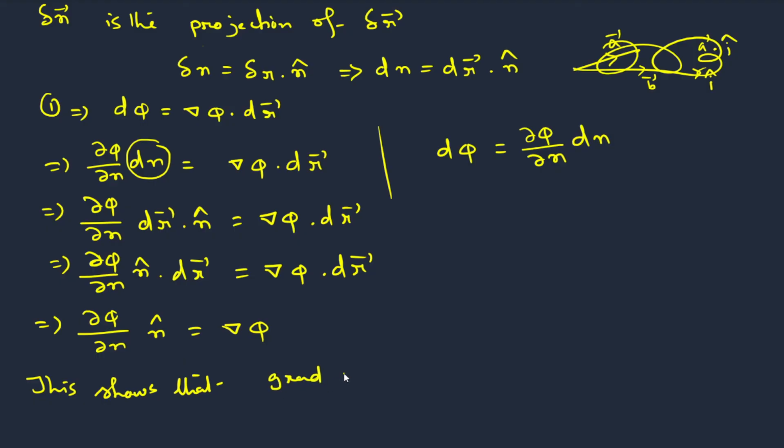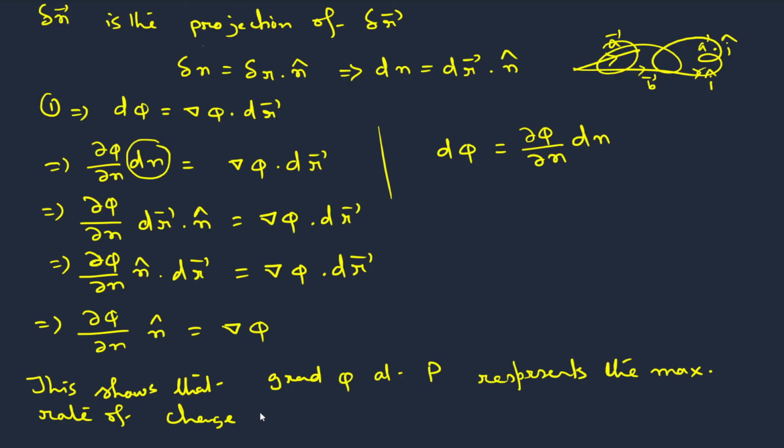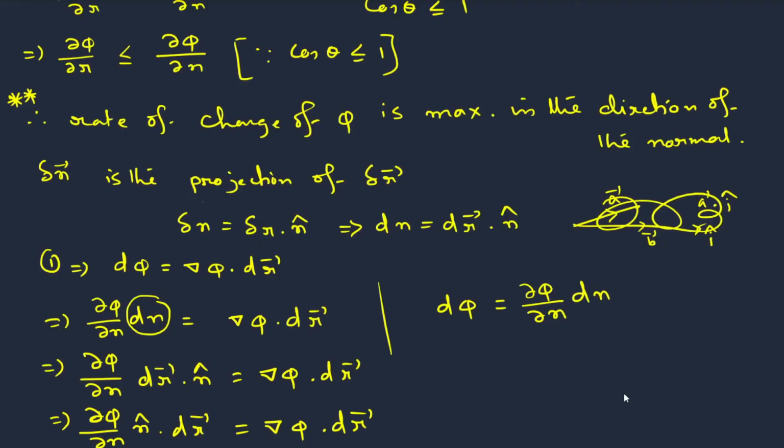So this shows that grad phi at P represents the maximum rate of change. You already showed that at the point P, this grad phi is maximum. In the earlier part, the rate of change of phi is along the outward drawn normal. N cap is in which direction we drew it?